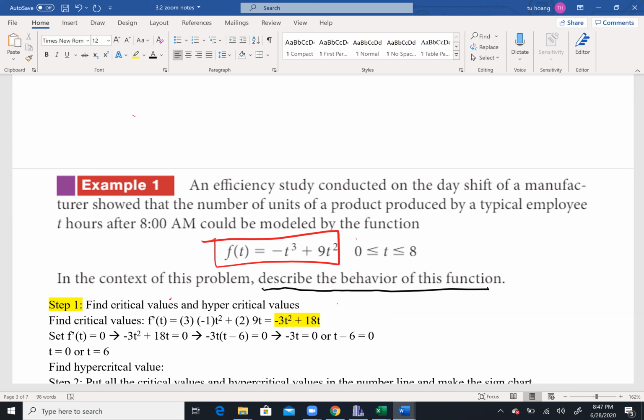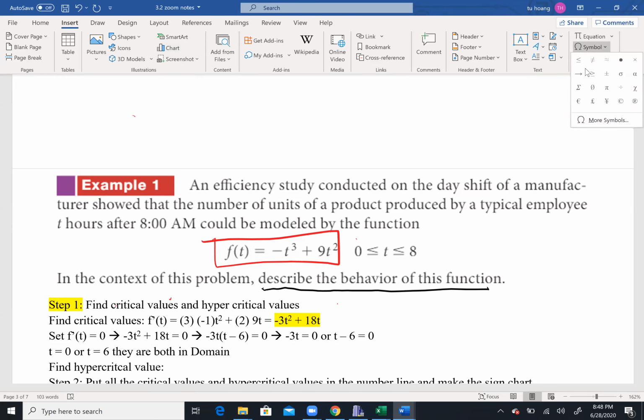And they are both in the domain of the function f(t). So let me write out the domain.